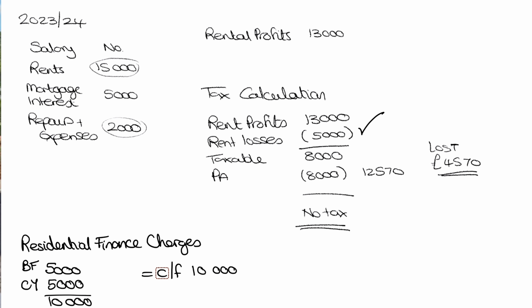In terms of our rent losses, we've used them. So there are no rental losses available to carry forward. So that gives hopefully a picture of where our rental losses have been used and leaves us with what can we do with our residential finance charges.